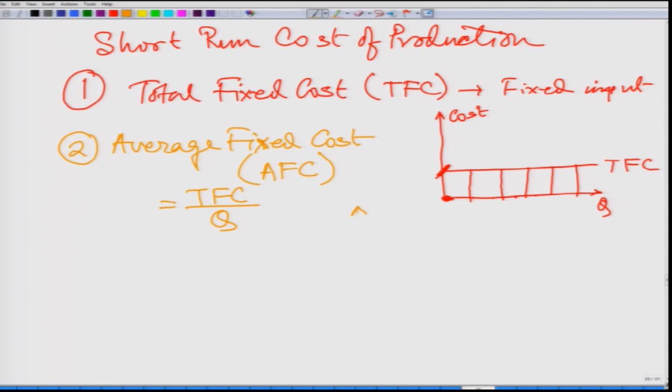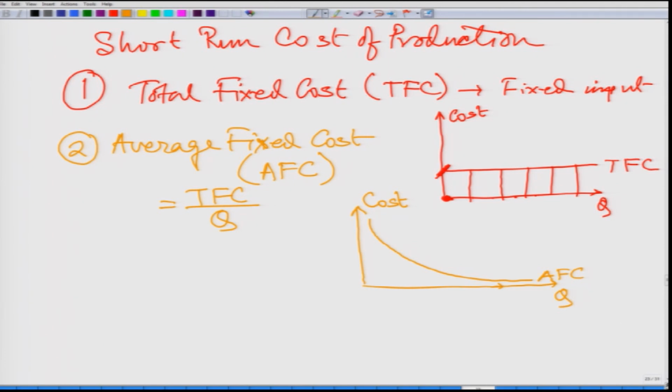Therefore, the average fixed cost curve will look like a downward sloping curve. This is my quantity, this is my cost. But it will never touch 0 because total fixed cost is not 0, even if the quantity increases to 1000. It can tend to 0 but will never be 0 in the short run.